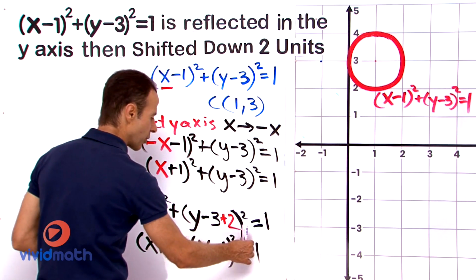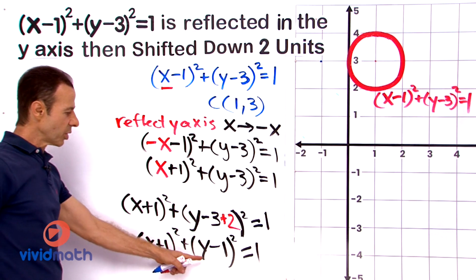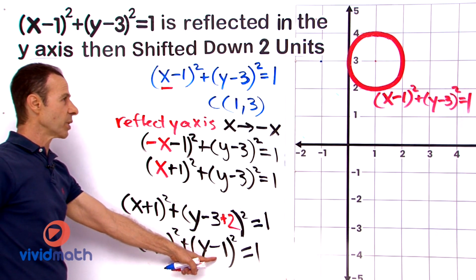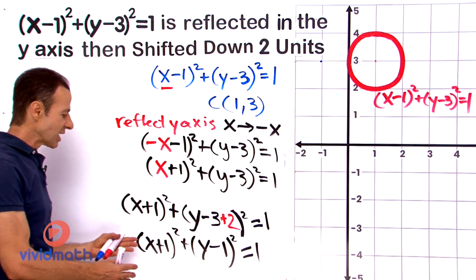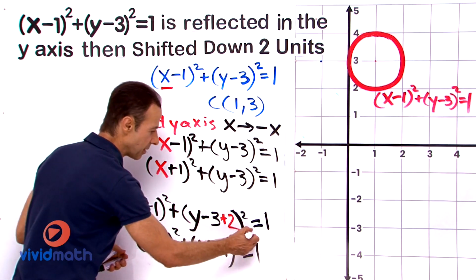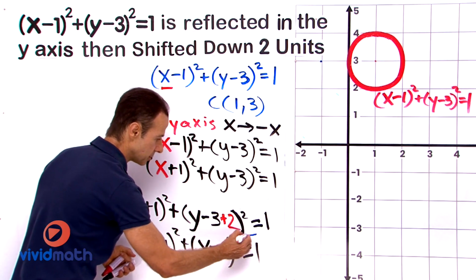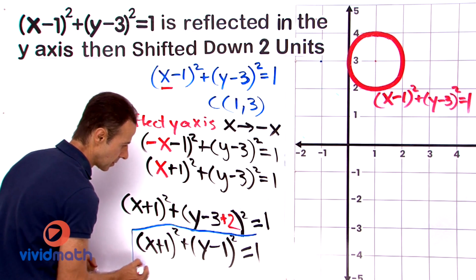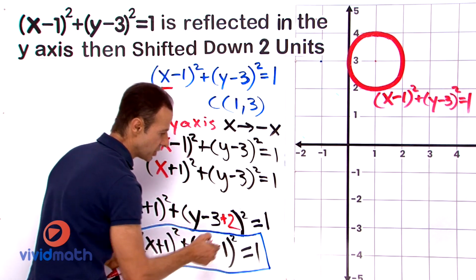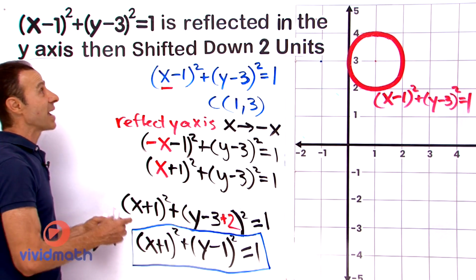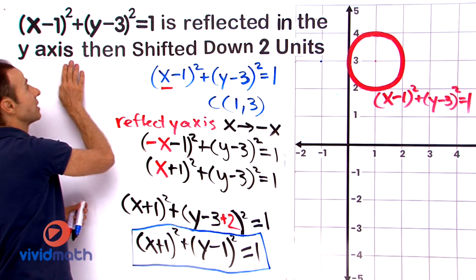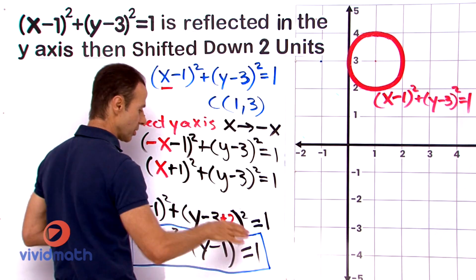There's our new equation, so that means that's our final equation. Let me just box that up. That's our circle that has been reflected in the y-axis, then shifted down 2 units.